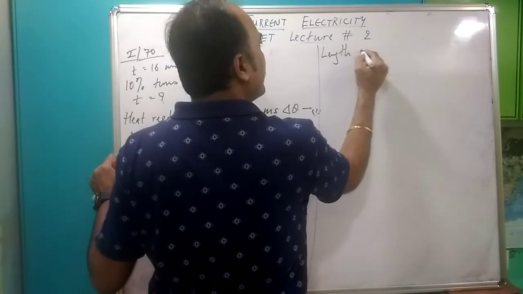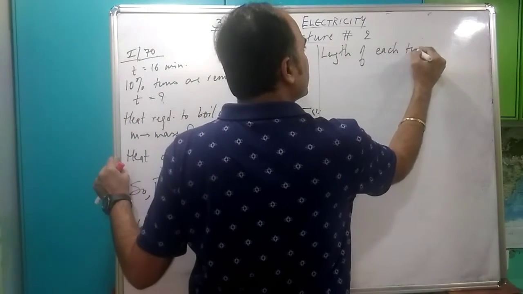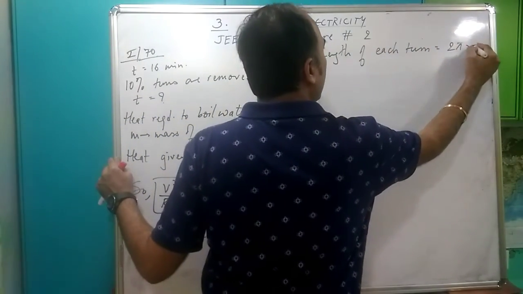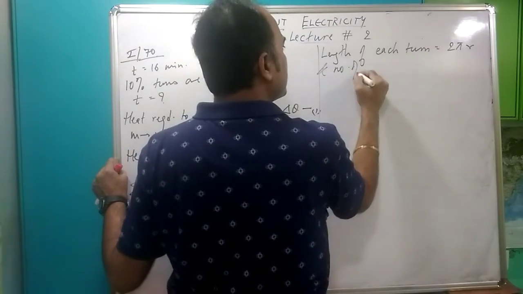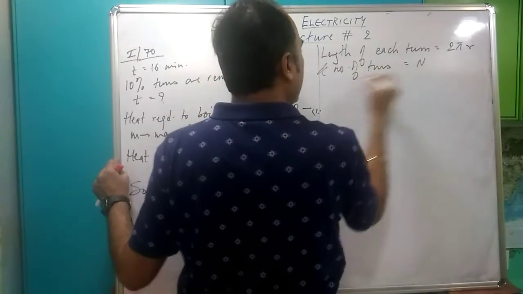Length of each turn, I am spelling it out, is 2 pi r, and the number of turns is n.